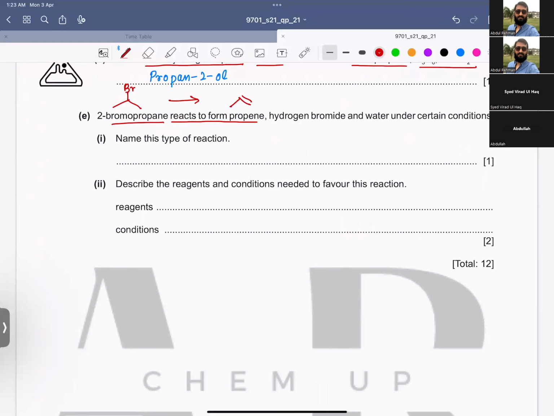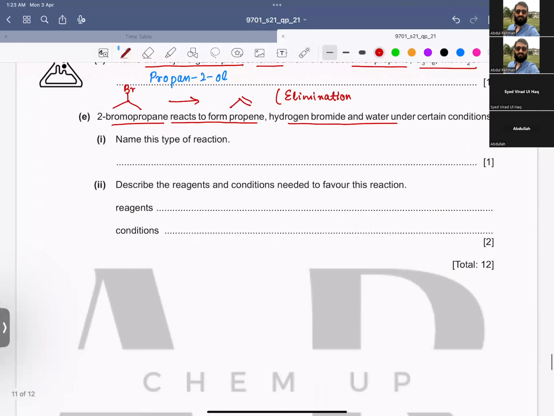Can anybody recall the type of reaction? Elimination reaction, very good. It's an elimination reaction. Hydrogen bromide and water, under certain conditions. Name this type of reaction. So we already figured out that this is an elimination reaction.